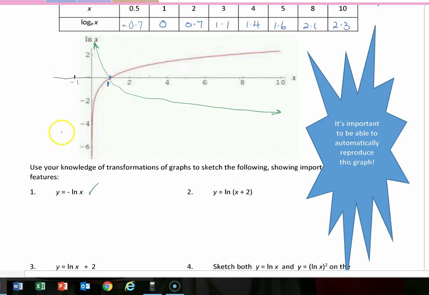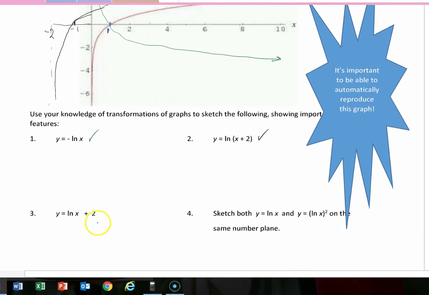So you're going to have this exact shape, and there'll be an asymptote at -2. So the graph will come up from 1, and when x is 0, it'll be the same as at 2, which was 0.7. So it's going to cut across here, and then go along, and so that's this one.